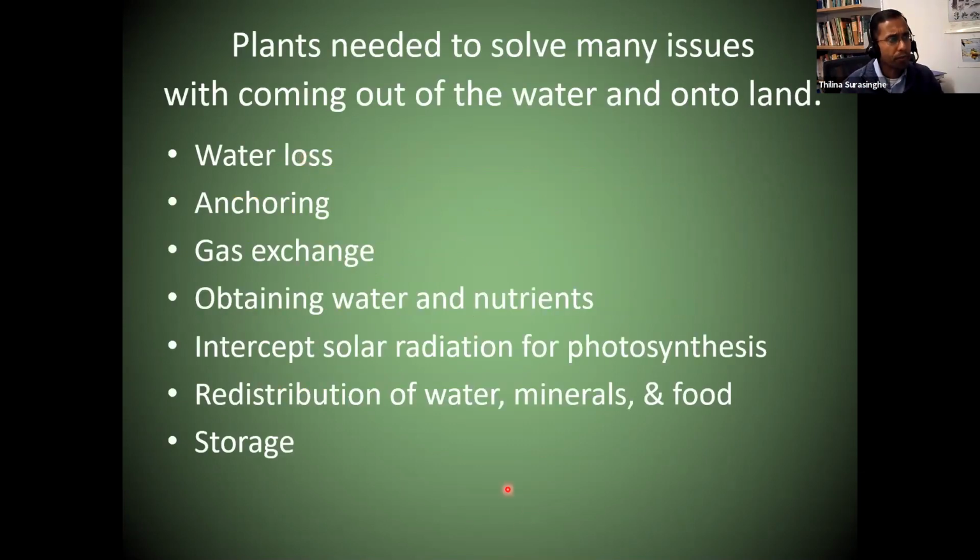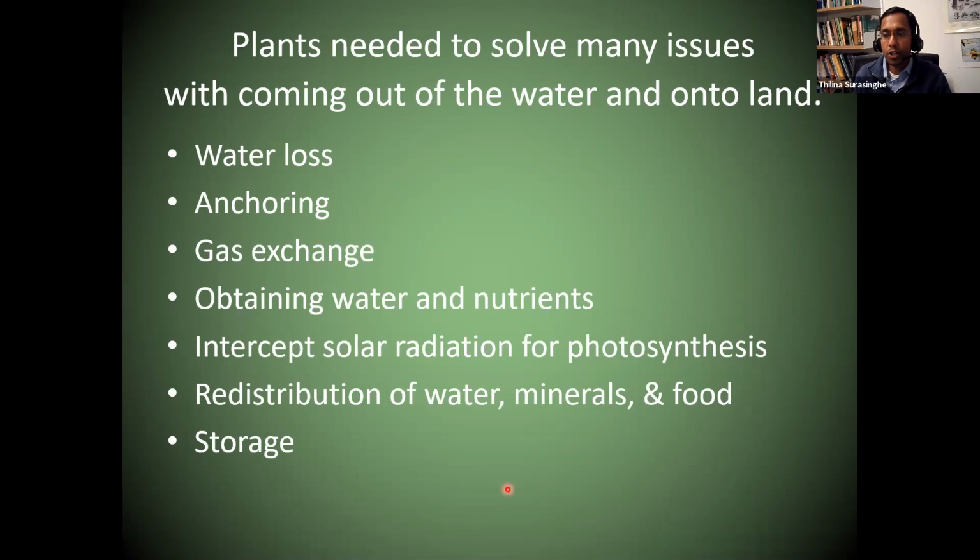Moving on, what kind of environmental problems do plants encounter? Well, water loss, because they are on the land, right? They are not in water, unlike the algae. So they could face dehydration, water loss. Anchoring.